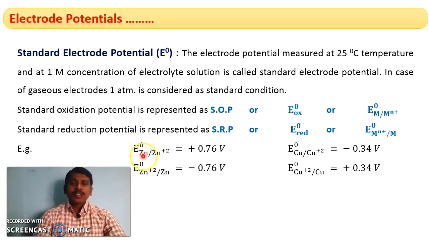For example, if we consider the zinc electrode, its standard oxidation potential is plus 0.76 volts, and its standard reduction potential is minus 0.76 volts. If you consider the copper electrode, SRP is E naught Cu2+ bar Cu is equal to plus 0.34 volts. Its SOP is minus 0.34 volts.